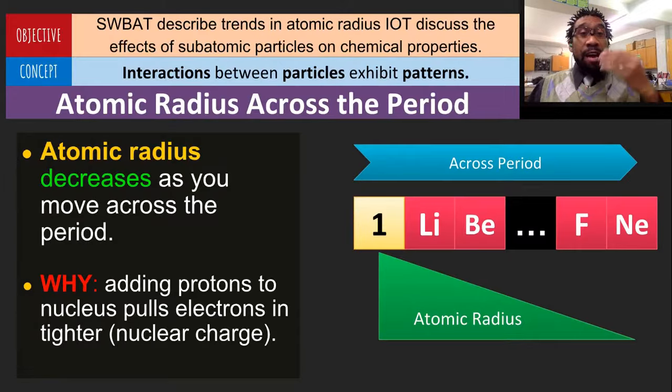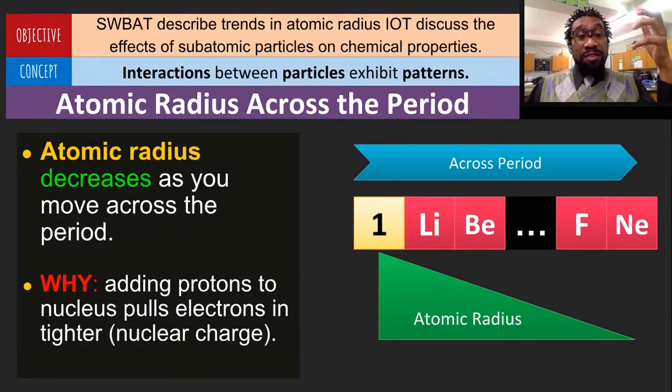Now that we've looked at what happens to the atomic radius as you go down a group, let's look at how it goes across the periodic table. The atomic radius decreases as you move across each period. Why does this happen? The atomic number, or the number of protons, increases as you go across the periodic table. As you go from left to right, you add protons, which adds nuclear charge.